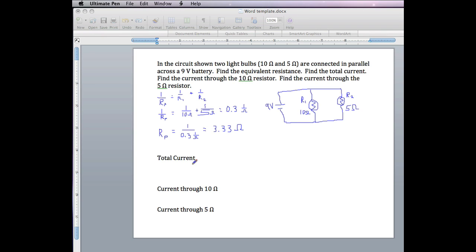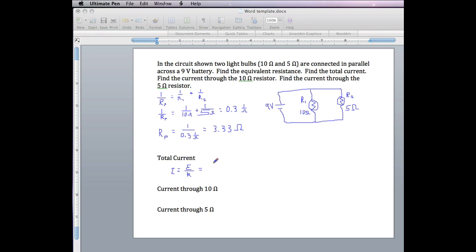Now we want the total current. We want to use Ohm's law. Ohm's law says that the current is the EMF, electromotive force in the circuit, E, the voltage in the circuit, divided by the resistance. So if you want the total current, we have to use a total resistance or equivalent resistance.